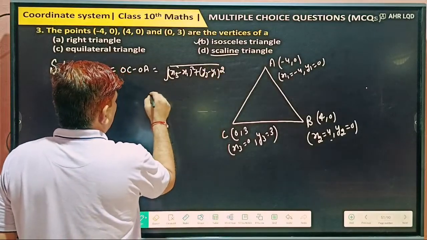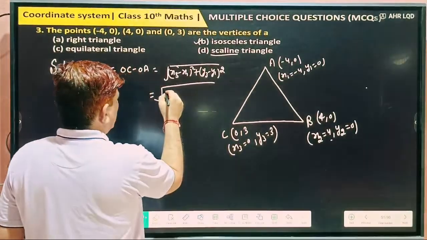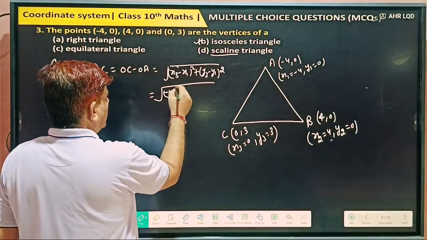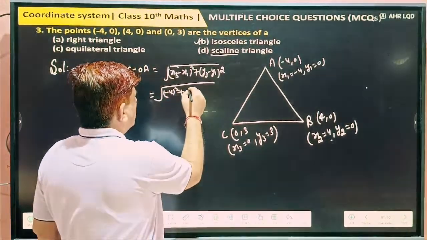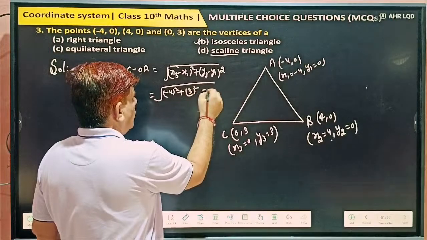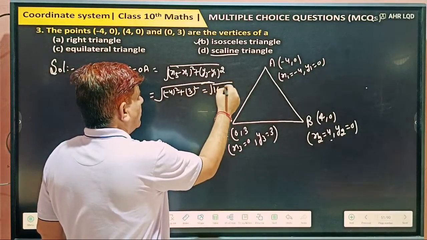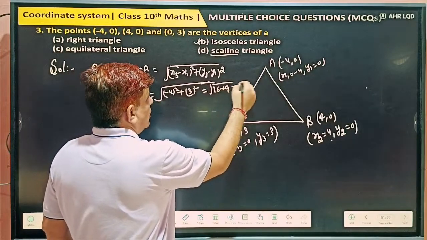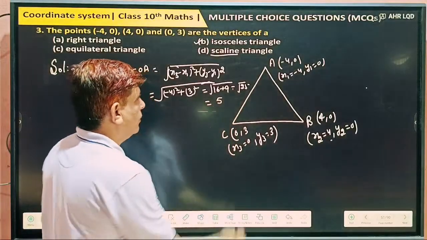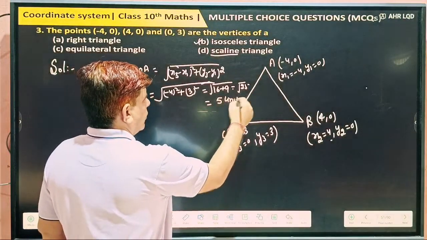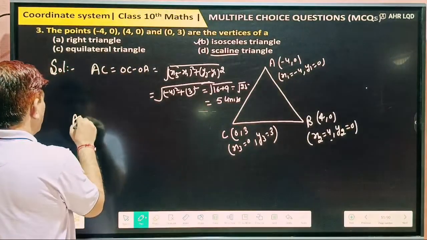So according to you, x3 minus x1 is 0 minus (minus 4), so 4 square, plus y3 minus y1, 3 minus 0, 3 square. If you solve it, this becomes 16 plus 9. How much? Under root 25, which is equal to 5 units. Now find out in the same way AB.